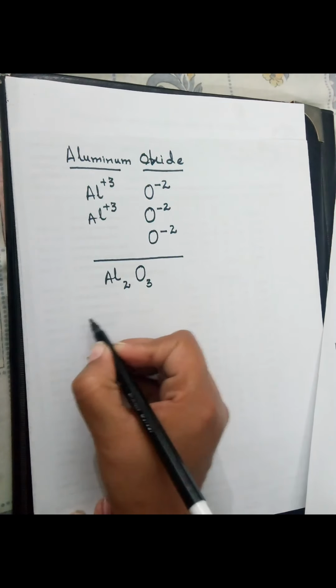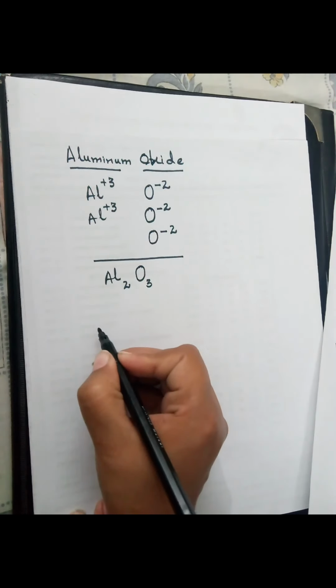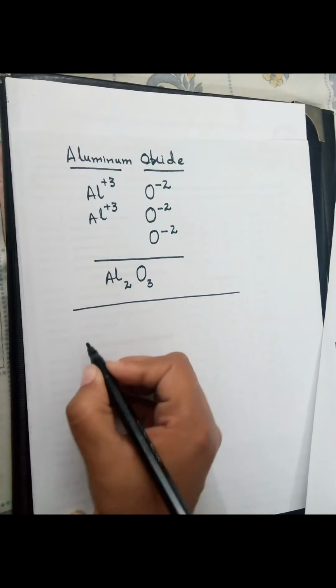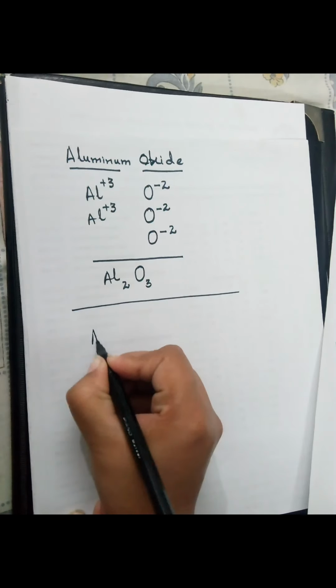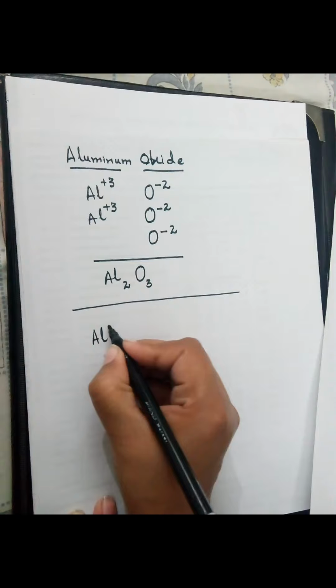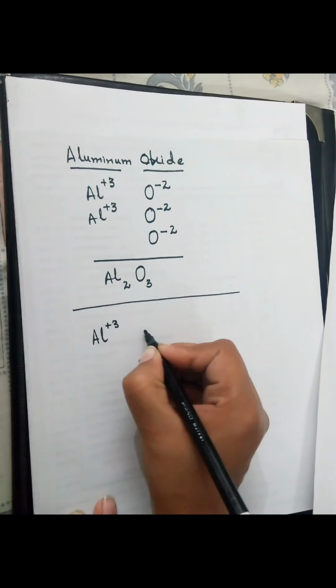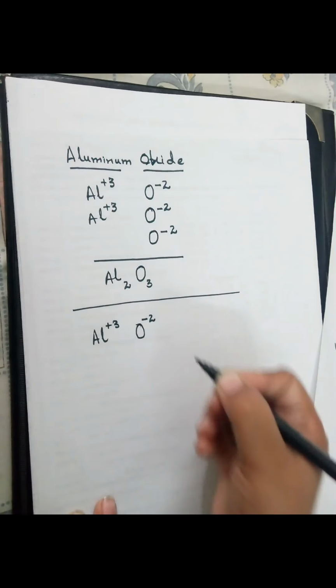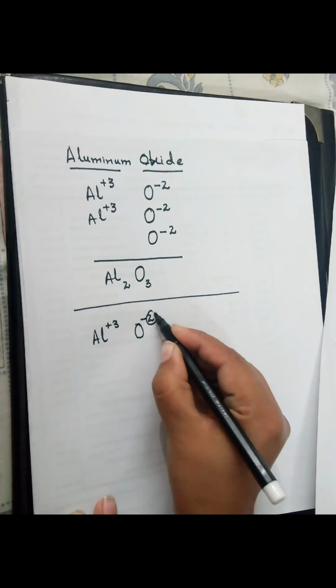The other way to write the chemical formula of aluminum oxide is aluminum positive 3, oxide, oxygen negative 2. Now cross these numbers.